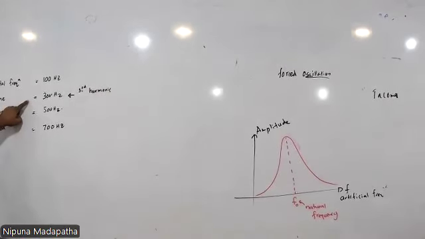The ratio of the overtone frequency to the fundamental is known as the harmonic number.